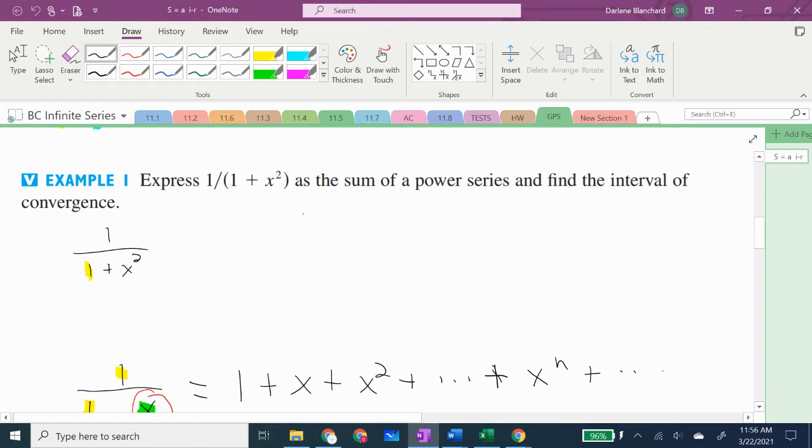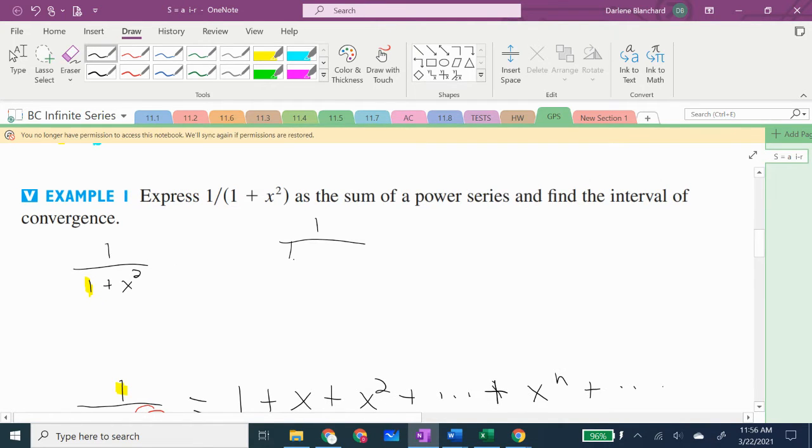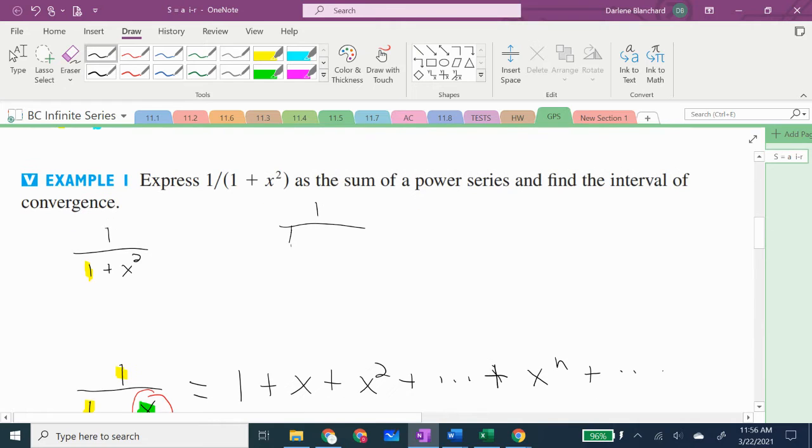If I take 1 over 1 minus x, and I substitute for that x negative x squared, that will get me to what I needed.